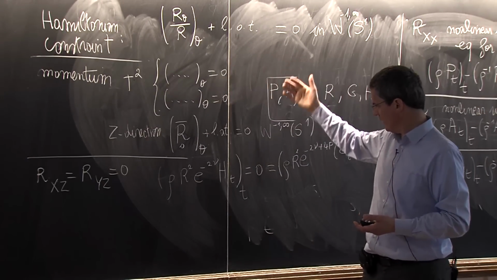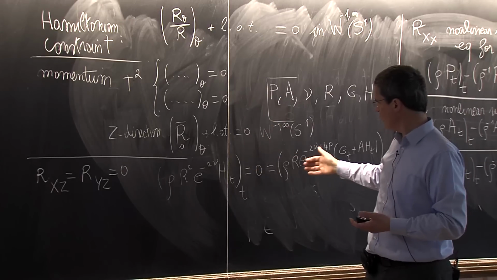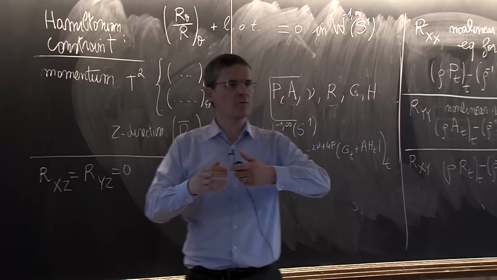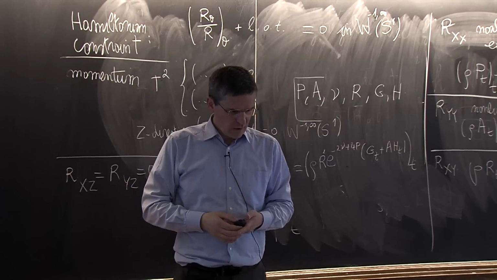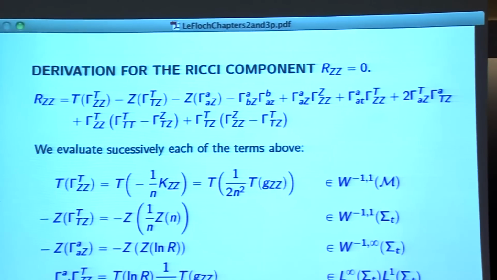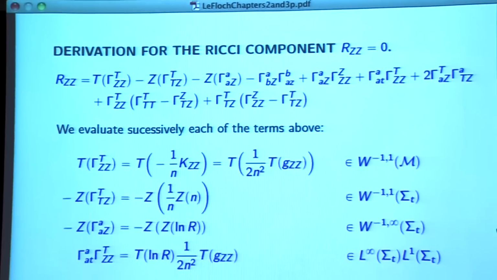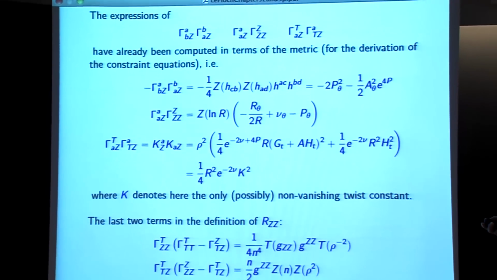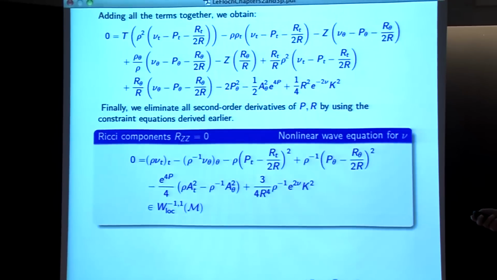Of course, you can integrate this one in theta or this one in t, and get some first integrals. So we arrive at the end of this discussion. I'm not going to tell you more about the details, but the calculations are not so straightforward.